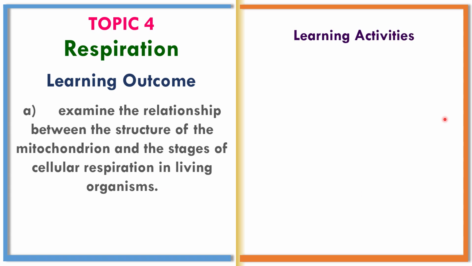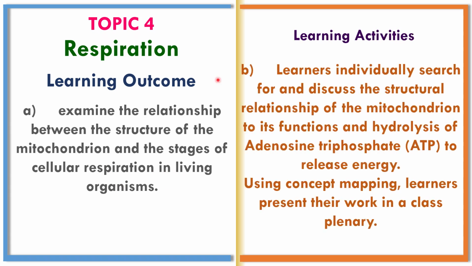We are going to look at learning activity B. Learners individually search for and discuss the structural relationship of the mitochondrion to its functions and the hydrolysis of adenosine triphosphate, ATP, to release energy. Using concept mapping, learners present their work in a class plenary.